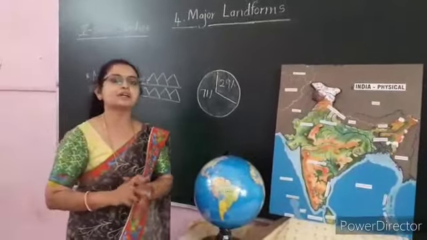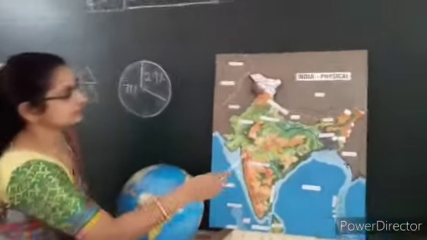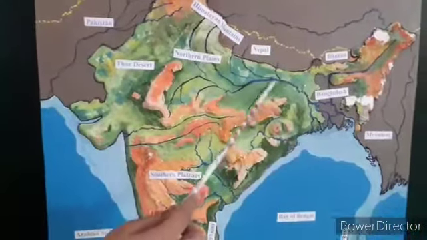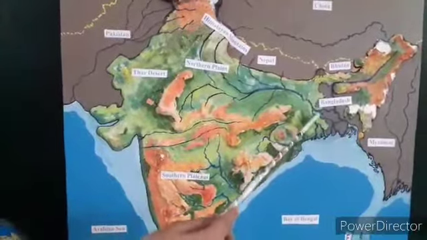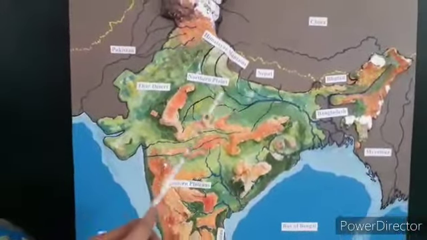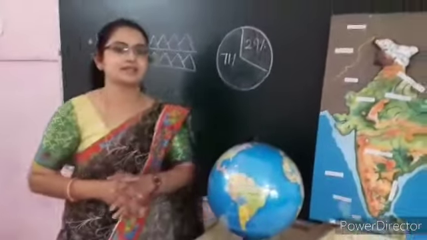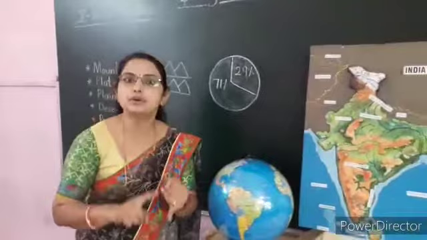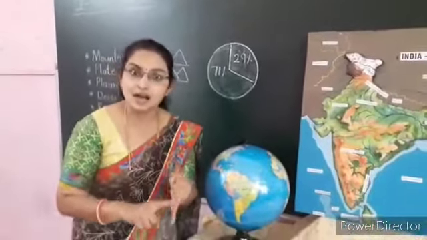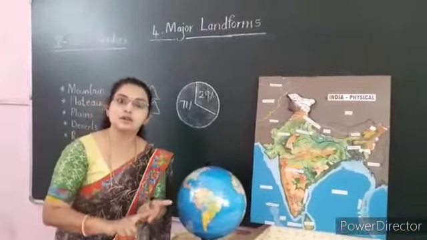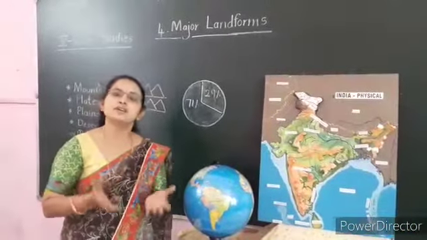For example, in India, Allahabad, Varanasi, Patna and Kolkata, these four cities are located in the plains. It is easier to construct roads, canals, railways and aerodromes in the plains.